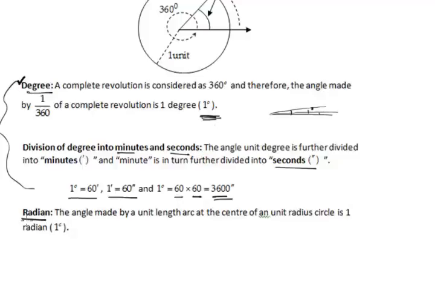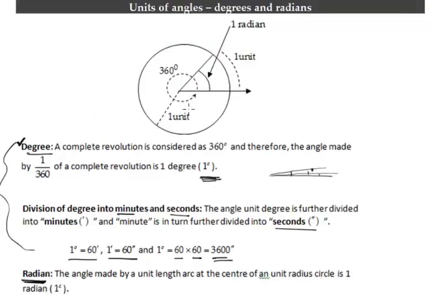Another kind of unit used for angles is called radian. How can we define radian? If we take a circle of 1 unit radius, and on its circumference we go 1 unit along the circumference, then at the center of the circle, if we join these two ends, we make an angle.